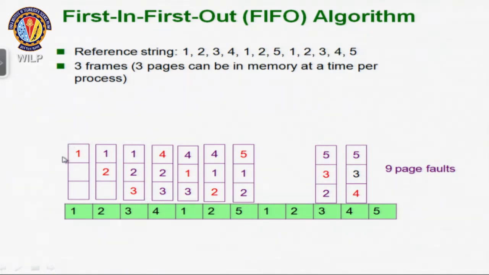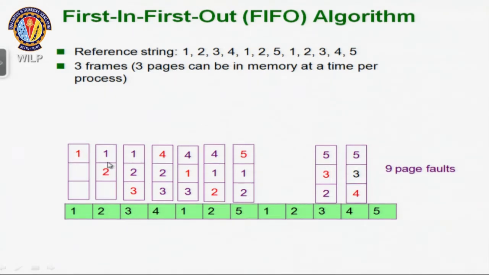At this point, all 3 frames are filled. You should also notice that with each reference a page fault is occurring, because in the beginning these 3 frames would have been empty. When 1 was referenced, it was swapped in; when 2 was referenced, 2 was swapped in. Every first reference, as I said sometime back, is going to result in a page fault.